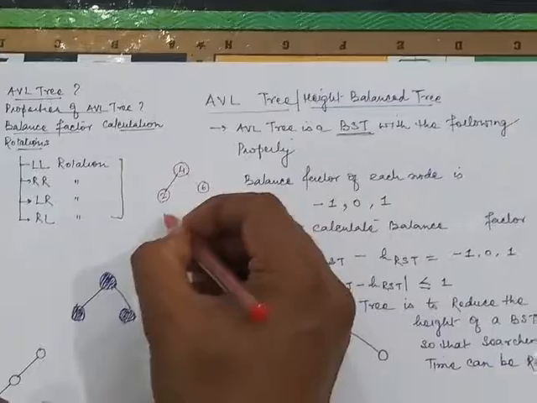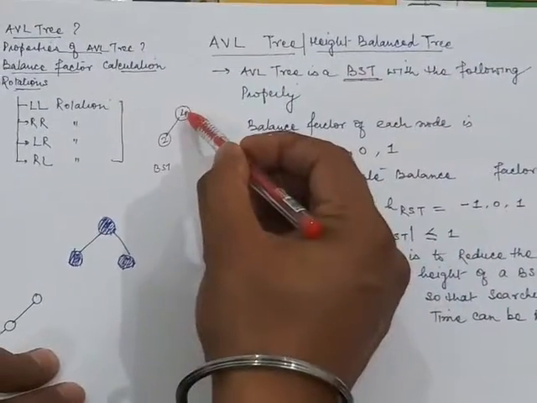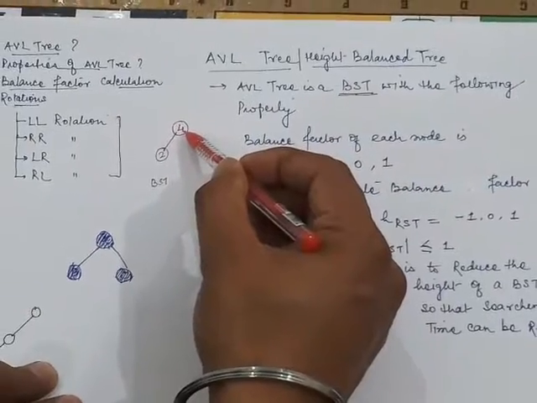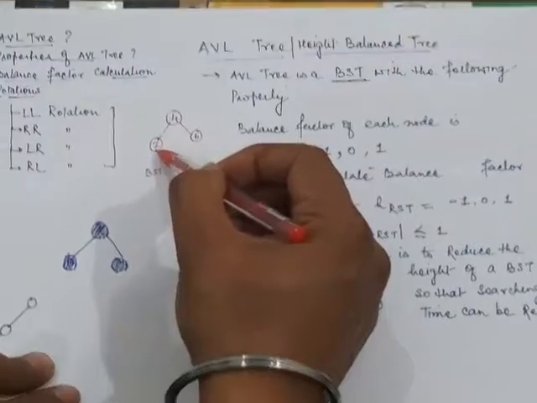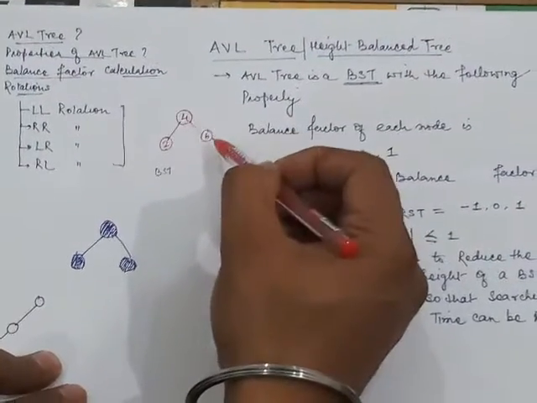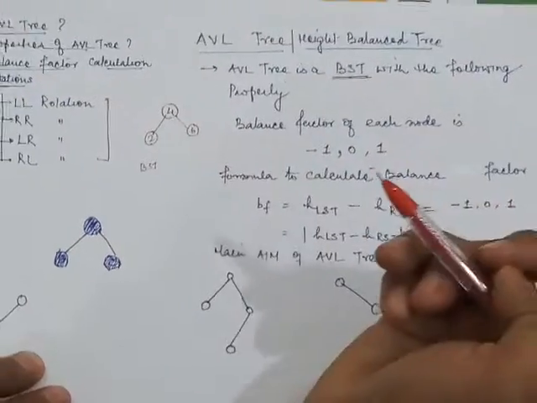Now this is the main property of BST, that if there is a root, that is 4, less than 4 will go on the left hand side of the root and greater than 4 will go to the right hand side of the root.